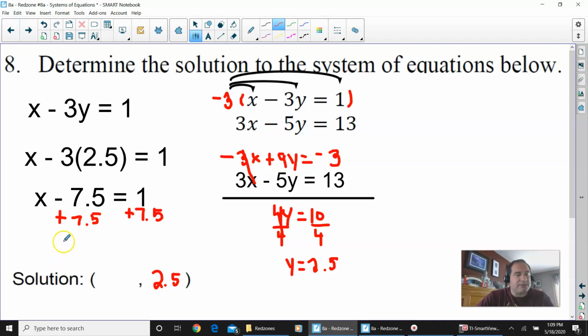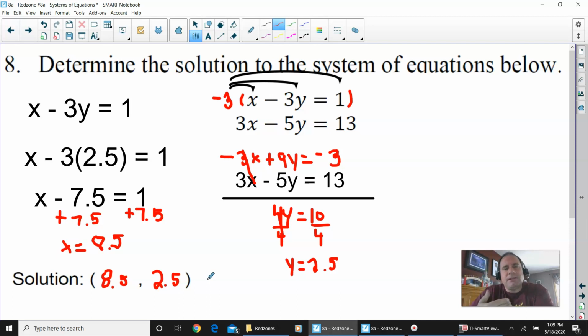And I get x equals 8.5. All right. And the solution is 8.5 comma 2.5, and you're finished with the problem.